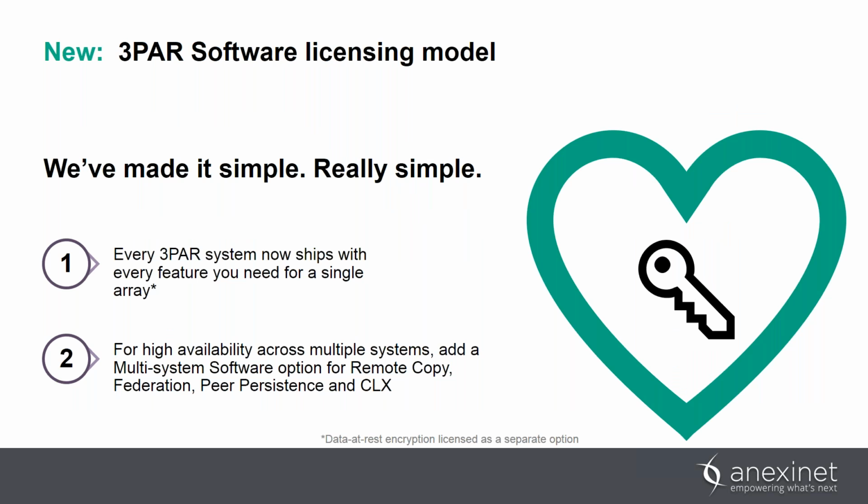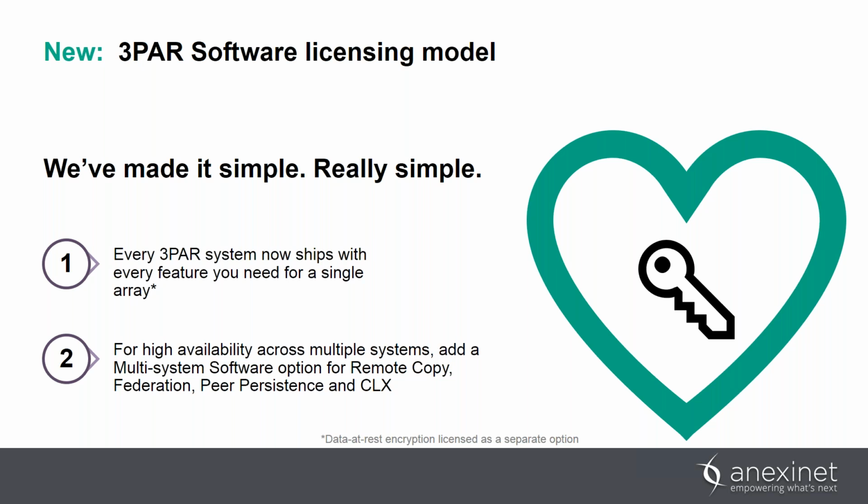Another new feature I'll introduce now is the 3PAR software licensing model. They've done away with the complexity of all the different options and made it really simple. Every 3PAR system now ships with every feature you need for a single array, minus data at rest encryption and replication.